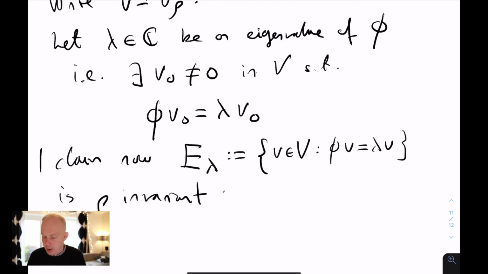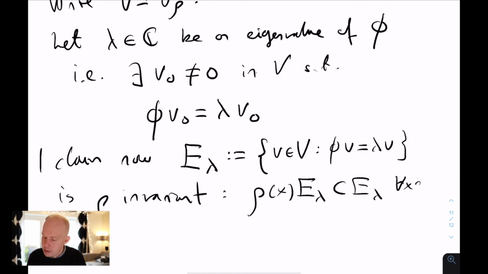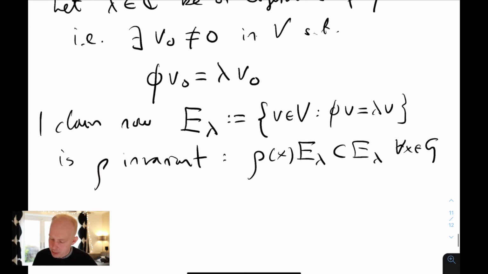So this is what I'm claiming. Remember, the rho invariance meant that rho of x applied to E lambda is equal to E lambda for any x in G. So we have fixed this v0, we got an eigenspace, and all the eigenvectors in this space form a rho invariant space.